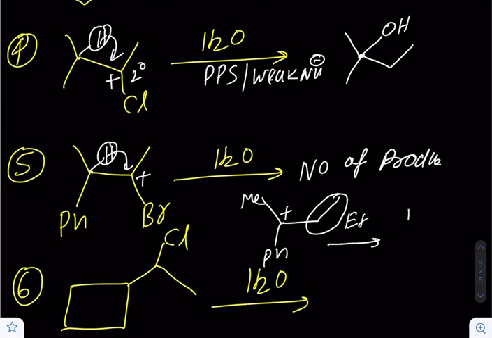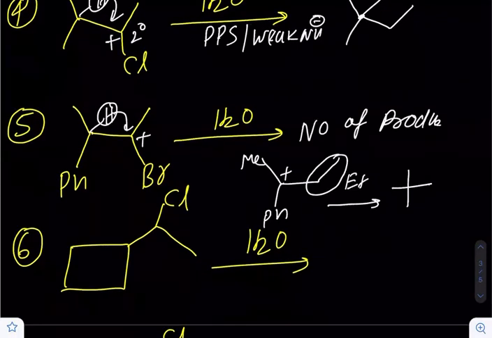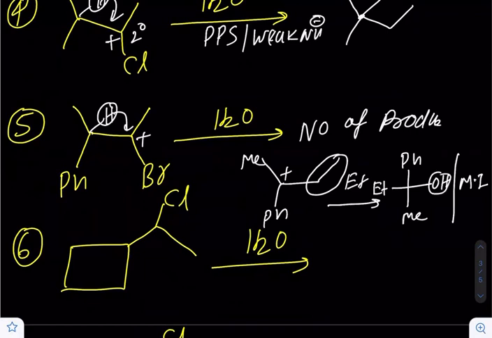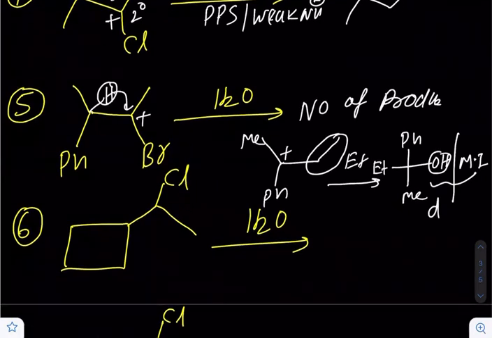In this case, we will have a chiral center. So two products are formed. One is like Ph, Me, Et, and OH, and another is its mirror image, just with OH on the other side. So here two products form, D plus L.